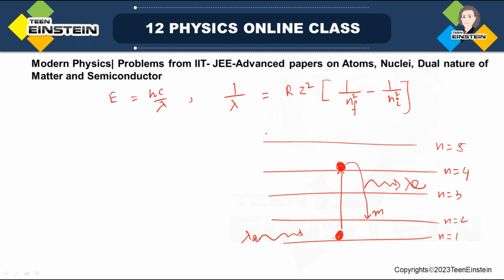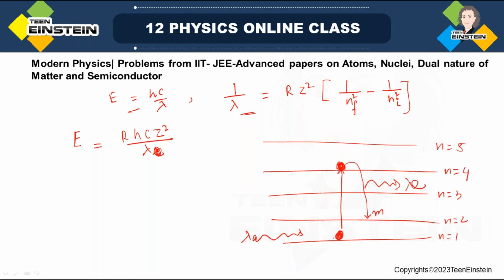If we compare this equation and that equation, we can write E is equal to R H C Z square by lambda e, or lambda a.